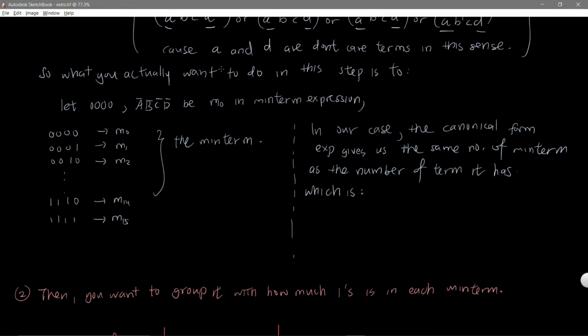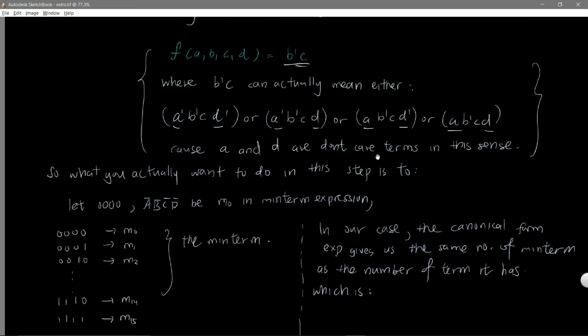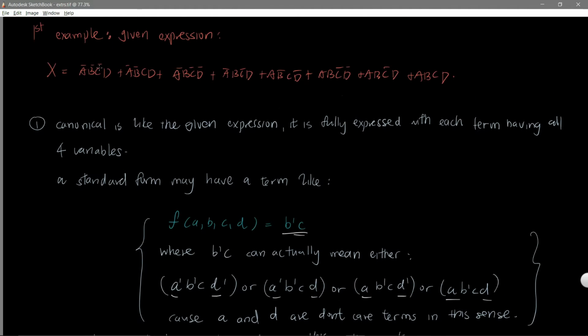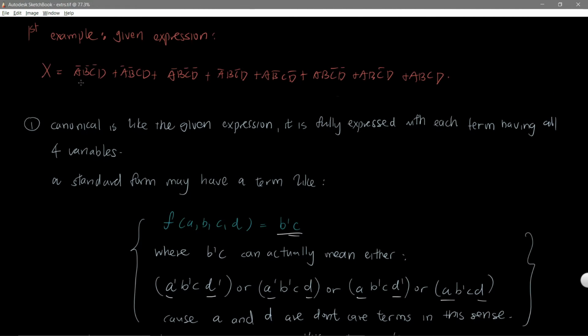So what you actually want is you need to write them in these minterms. So in our case, we can see that this is 0, 0, 0, 1, and it is M1. So you just write them in this way.